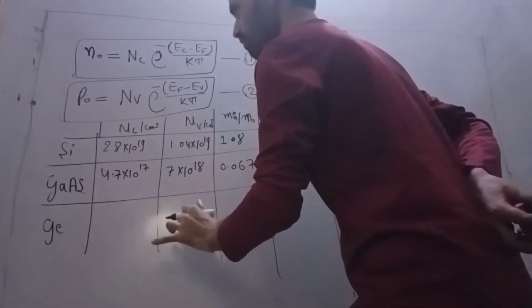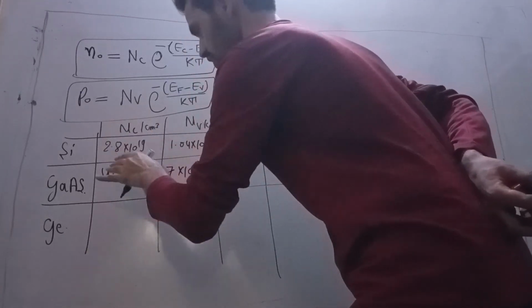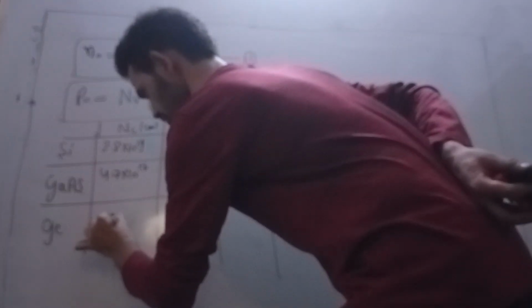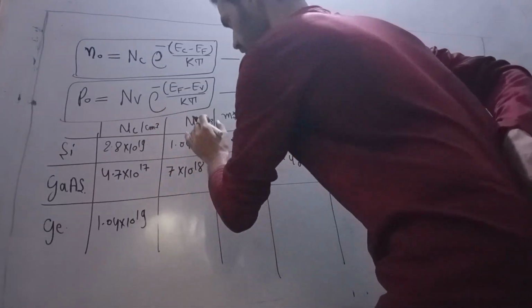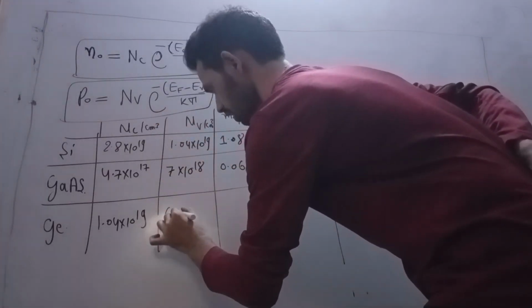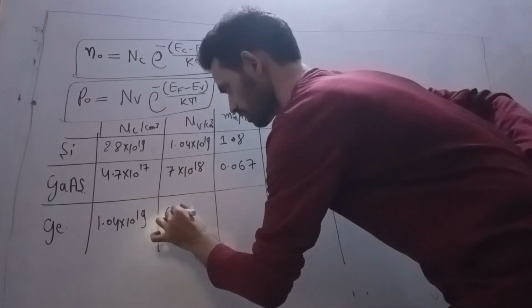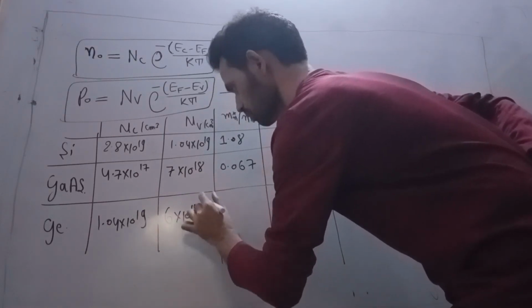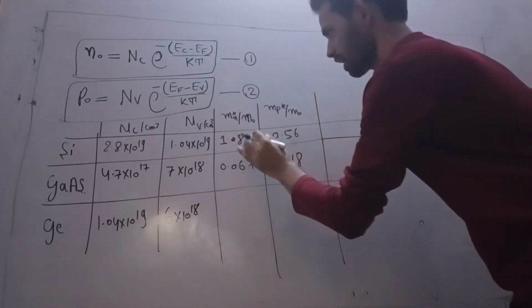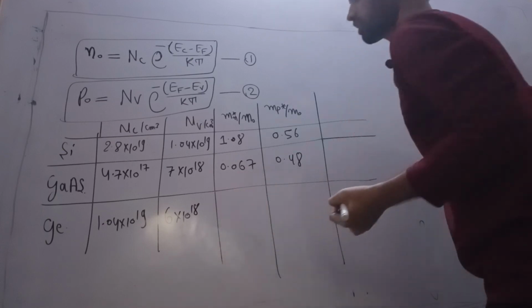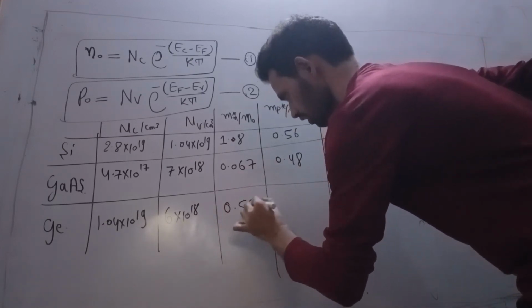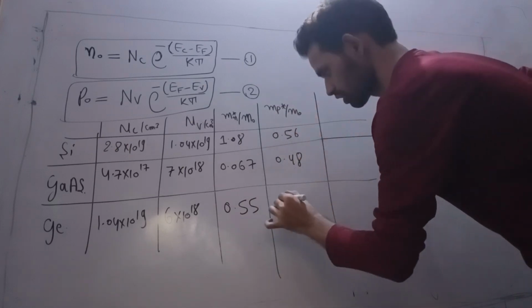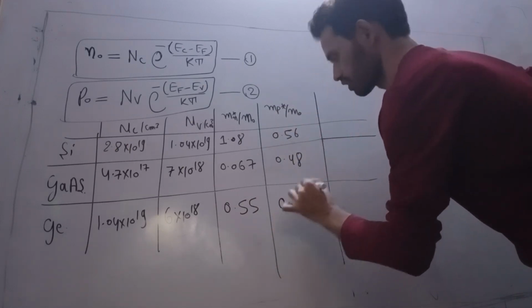Similarly for germanium, Nc is 1.04 into 10 to the power 19 per cubic centimeter, Nv is 6 into 10 to the power 18 per cubic centimeter, mn star by m naught is 0.55, and mp star by m naught is 0.37.